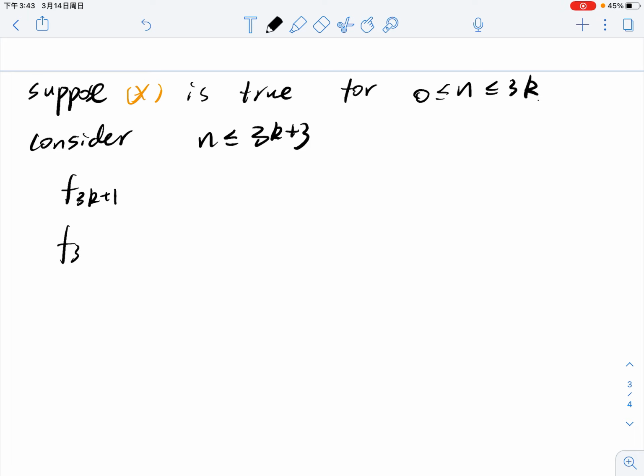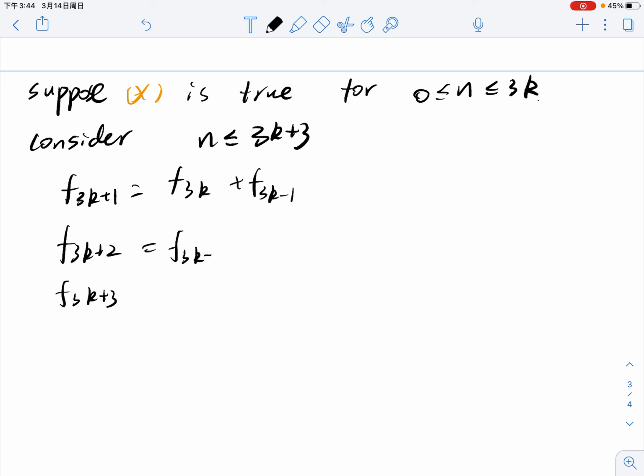And actually, we only have 3 cases to consider. The first one is F(3k+1), by the recurrence relation it's a summation of F(3k) and F(3k-1).